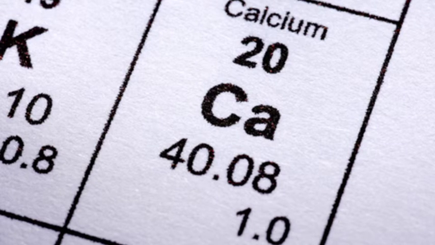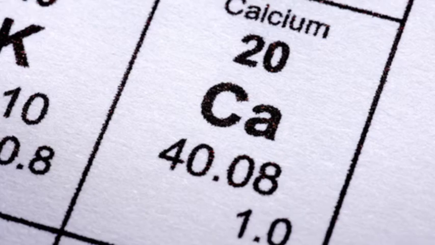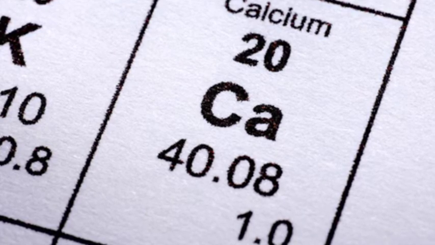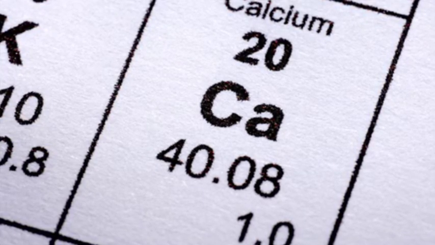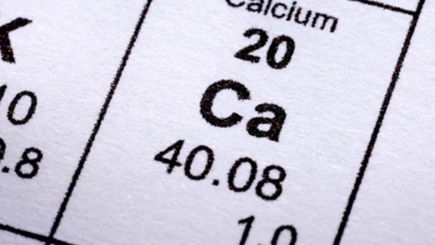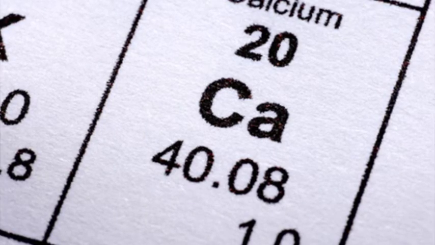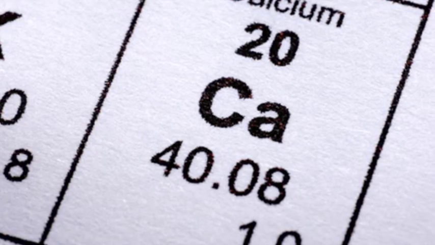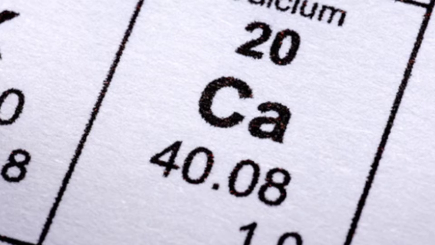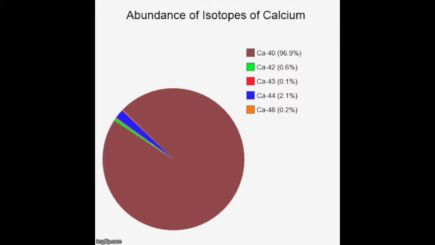On this picture you can see that the atomic mass of calcium is 40.08 AMU, which means atomic mass units. The atomic mass is not just the mass of one calcium atom, but the atomic mass is the average mass of all the isotopes of an element. And as we saw in the previous picture, calcium has isotopes.